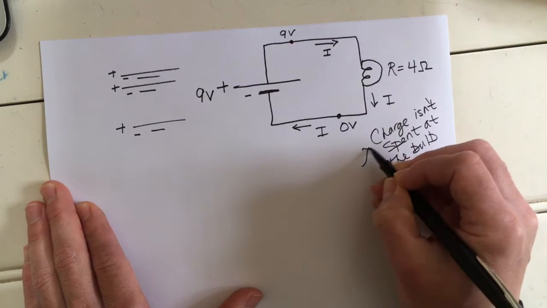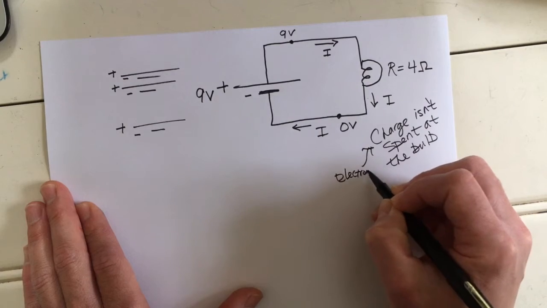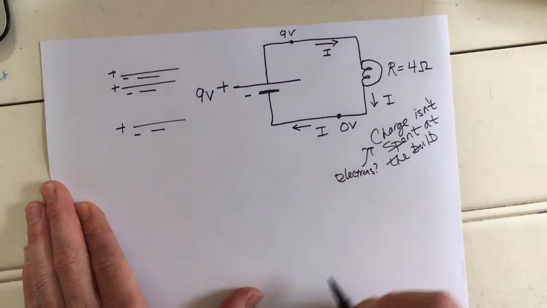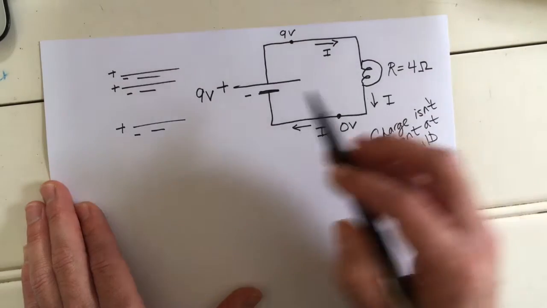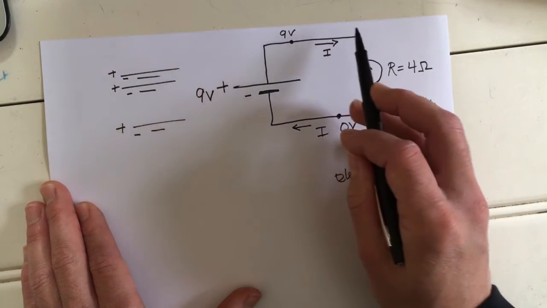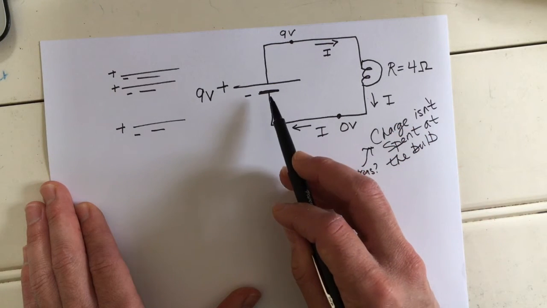And I'll just remind you that charge is like electrons. I'll put a question mark there though. So what is spent at the bulb? Well, look, 9 volts, 9 volts, 9 volts, 9 volts, 0 volts, 0 volts, 0 volts, 0 volts.